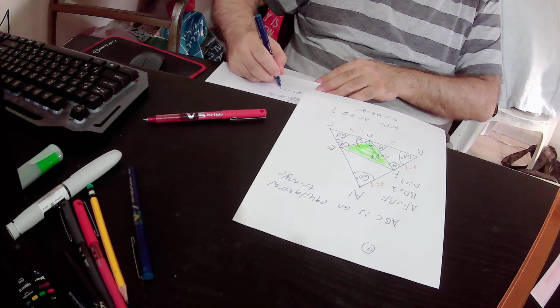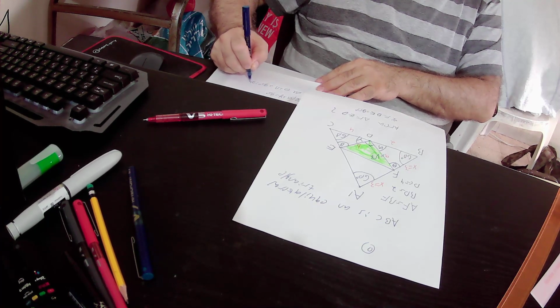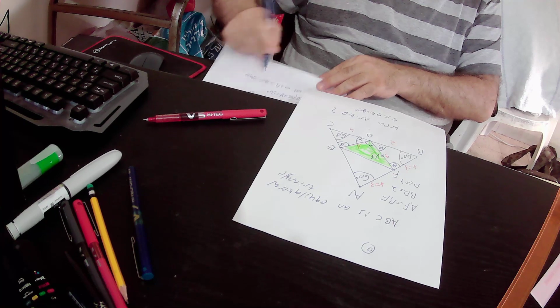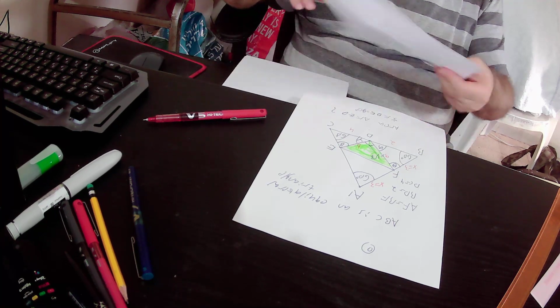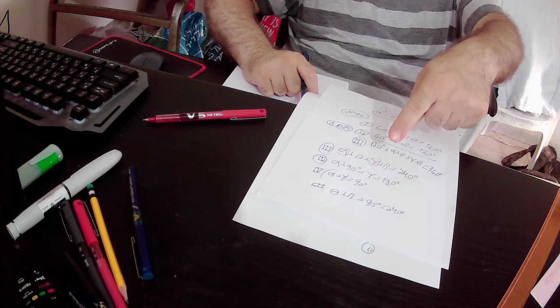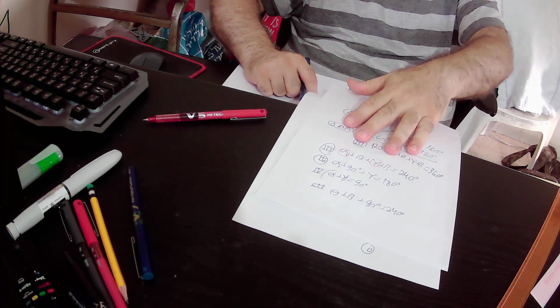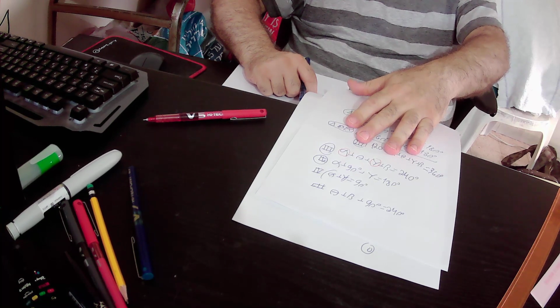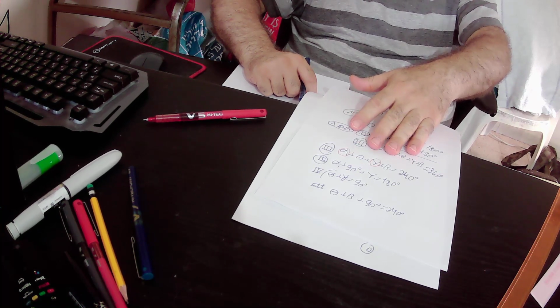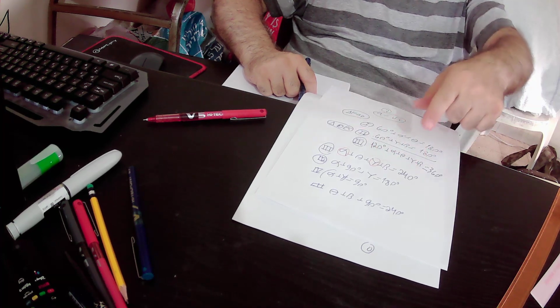We substituted alpha plus gamma by 90 degrees in the third equation, and we got that theta plus beta plus 90 degrees equals 240 degrees.